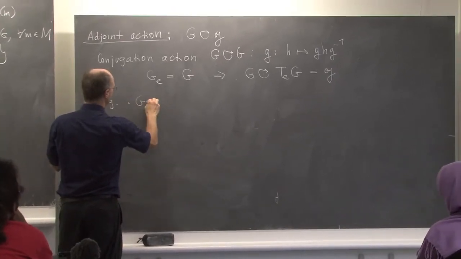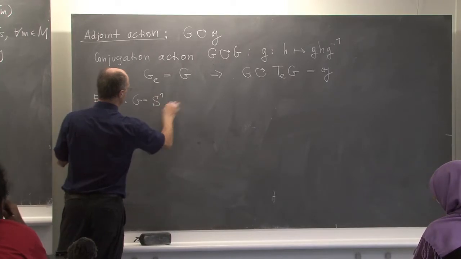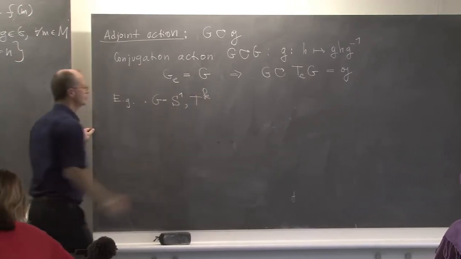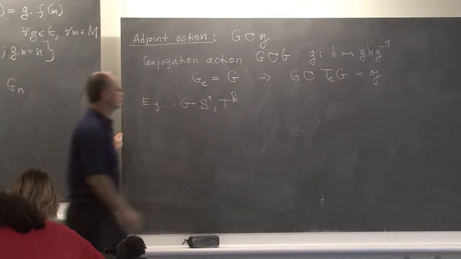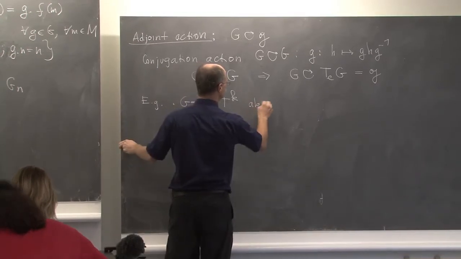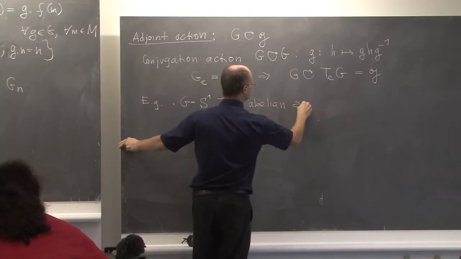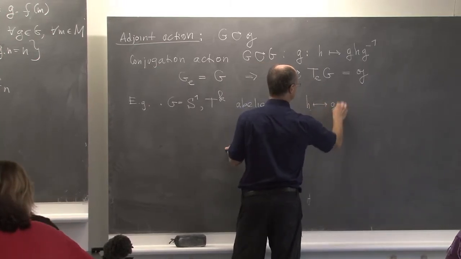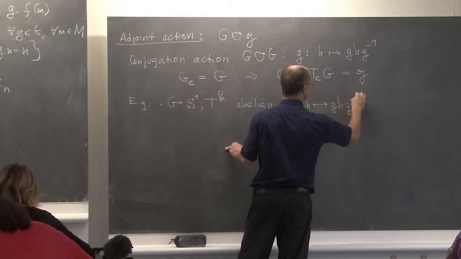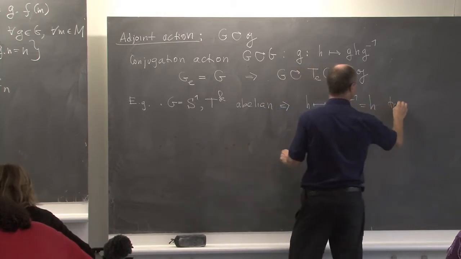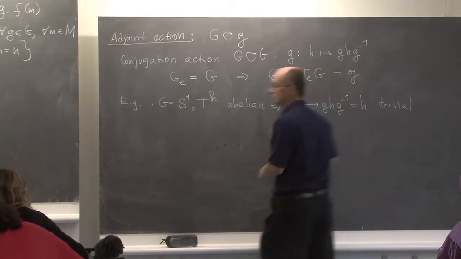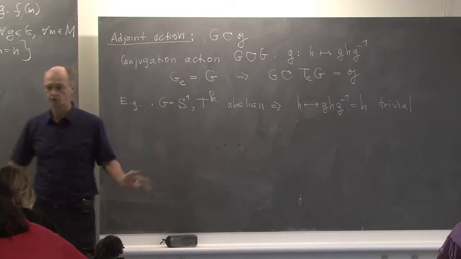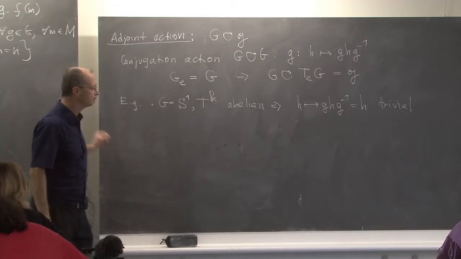So one set of examples, these are our favorite groups S1 and TK. So these groups are abelian. And this means that the conjugation action is trivial, right? So conjugation doesn't conjugate anything.